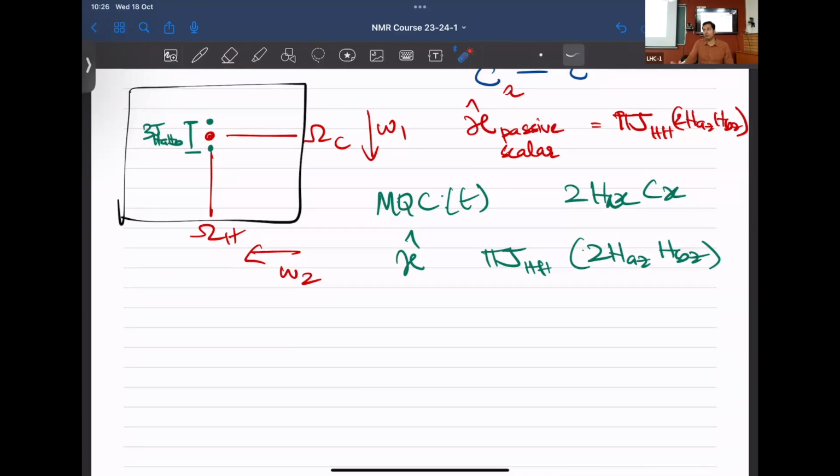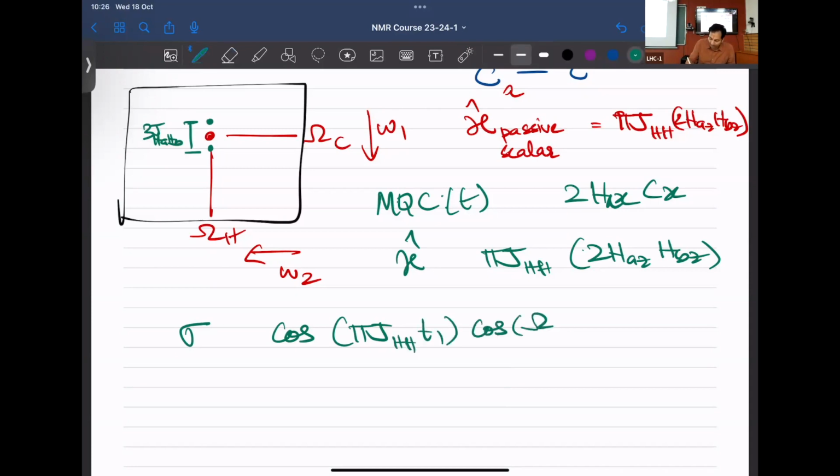Slightly complicated, but go think about this. Do the density matrix formalism, just invoking it. What you will have is an additional cos of pi J HH T1 times cos of omega C T1 times minus HY. This is what will come up if you end up doing it.